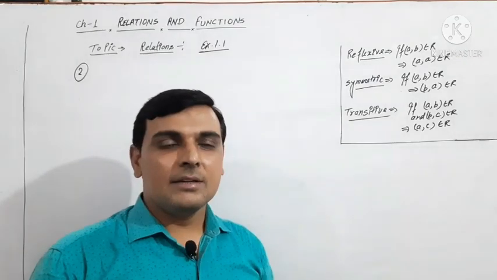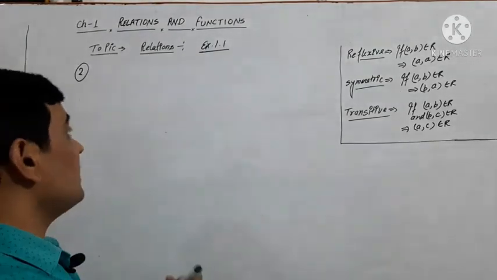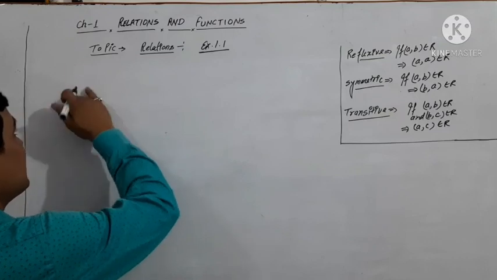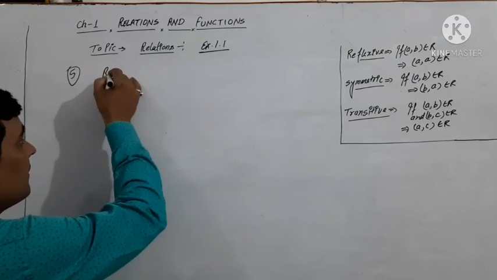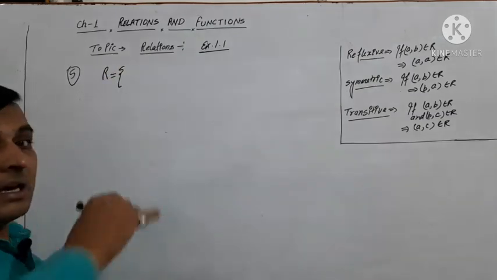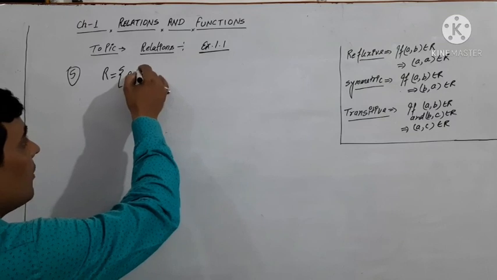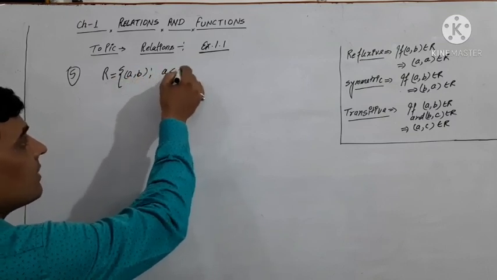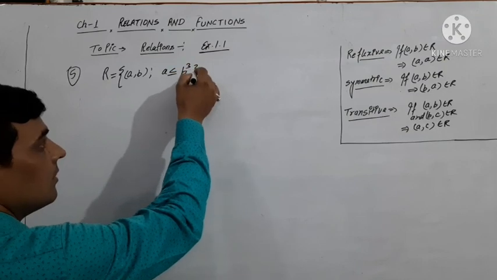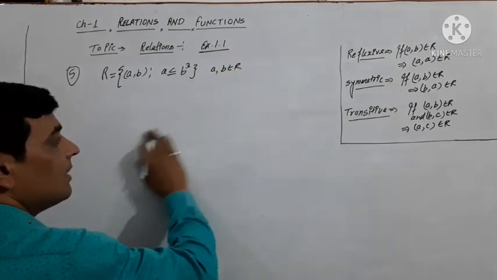Good morning, students. Now in part 2 we are beginning question number 5 of exercise 1.1. What is question number 5? In question number 5, a relation R is given which is defined by a comma b such that a is less than or equal to b cube, where a comma b belongs to the real numbers.